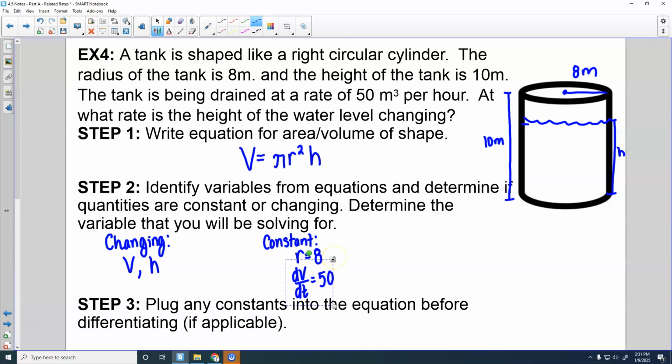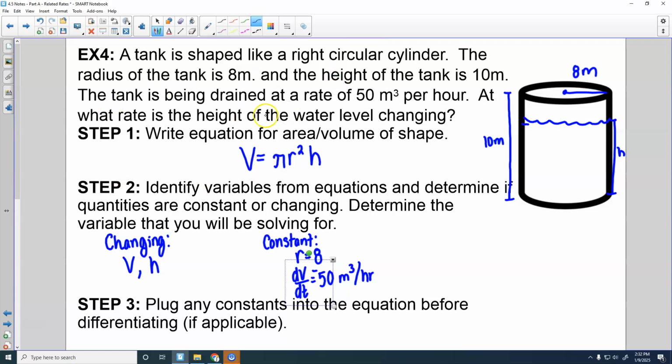And actually, we've got to be careful here. It really is not 50. Because is that volume increasing or decreasing? It is negative 50 cubic meters per hour. So sometimes they don't give you the sign there, but if the amount is decreasing, you need to make that rate negative.